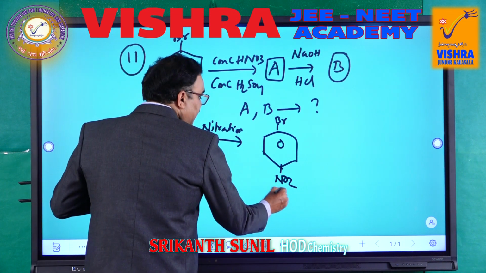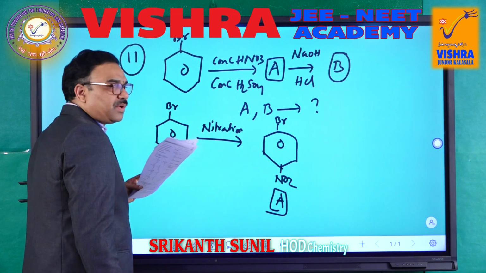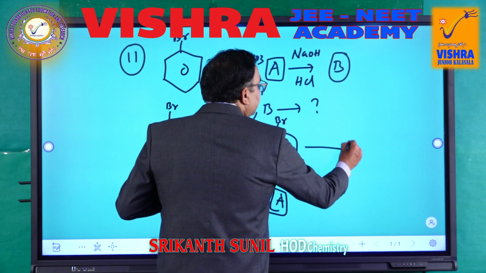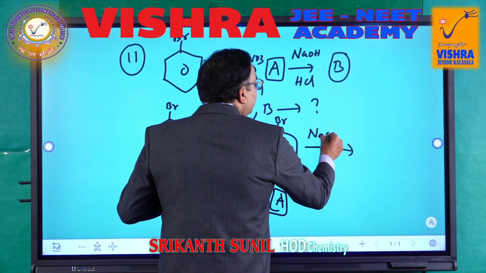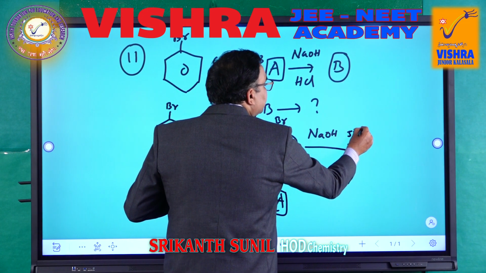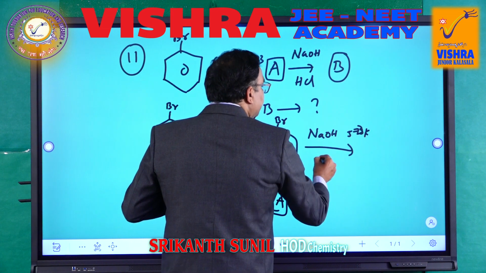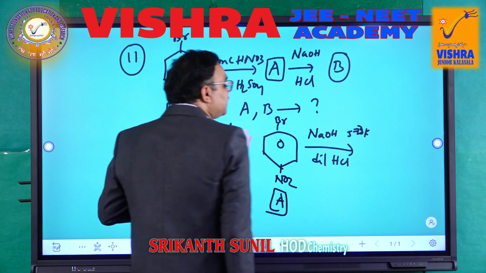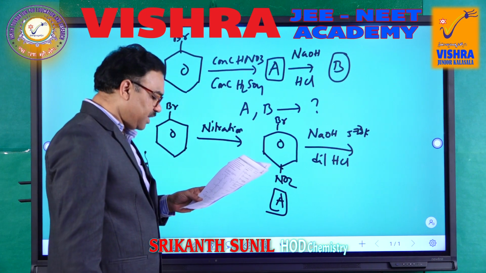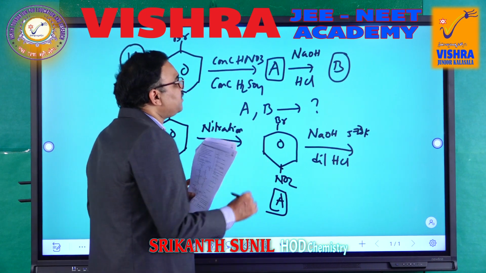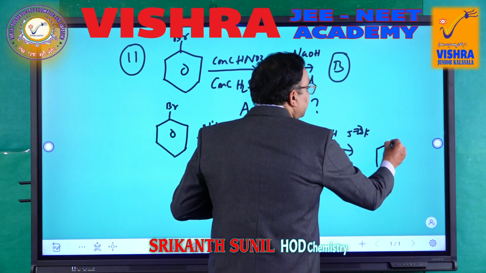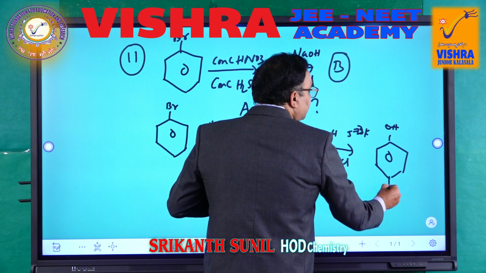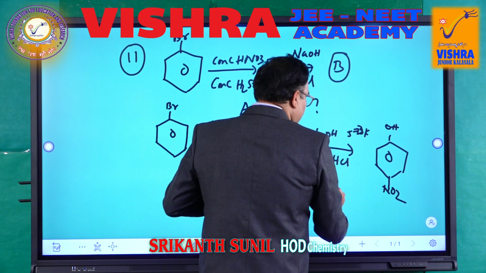So this one is compound A. Then you have NaOH, a base, at 573 Kelvin, and dilute HCl. This will convert Br into OH. So you will get the compound like this, phenol with NO2, para-nitrophenol.